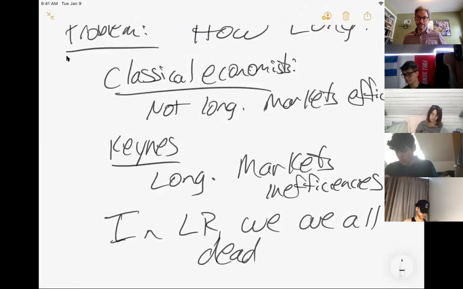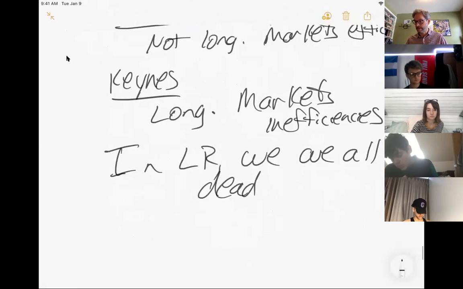is that, yes, the long run is a useful theoretical construct to think about the world. But the fact of the matter is we don't live in the long run. We live in the short run. And so why should we give up 2 years, 3 years, 4 years of being below potential output?